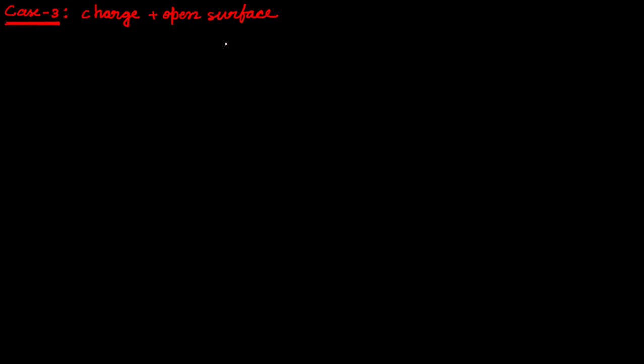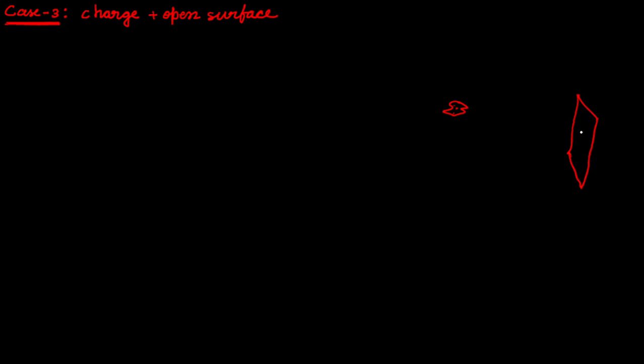Charge distribution plus open surface. Then what do we have to do? If you have some kind of charge distribution and an open surface like this, and we want to calculate the flux through the surface because of this charge distribution, then what do we have to do?